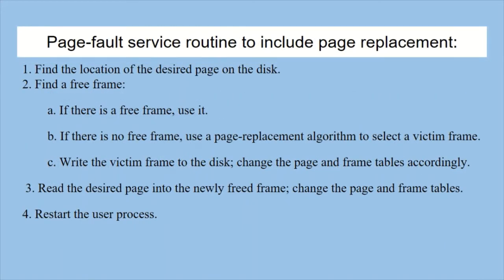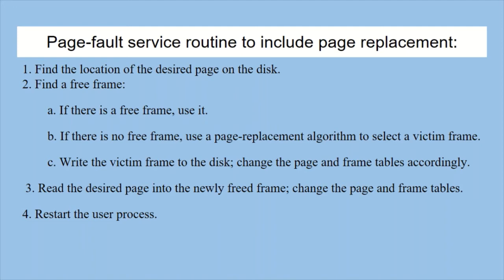So, the page fault service routine to include page replacement. These are the steps of the page fault service routine when you access the data. Number 1, find the location of the desired page on the disk. Number 2, find a free frame. If there is a free frame, use it.